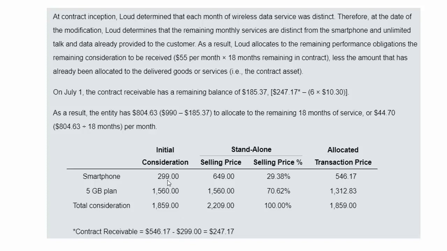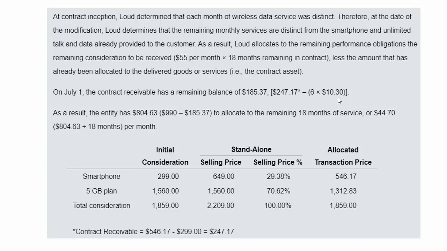consideration was $299. So the difference between the allocated transaction price and the initial consideration represents the contract receivable. Okay, so that $247.17 then gets factored in here as $247.17 minus the 6 months times the $10.30. Okay, so you may be wondering, where does that $10.30 come from?